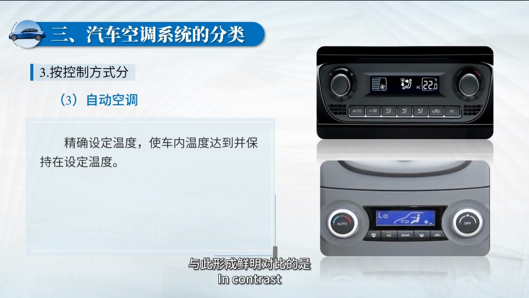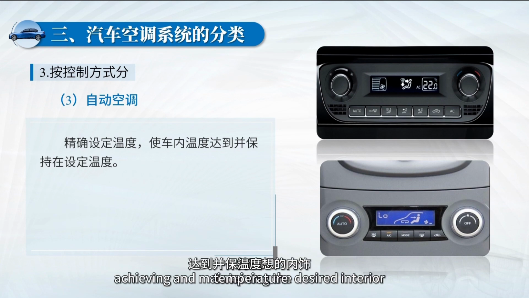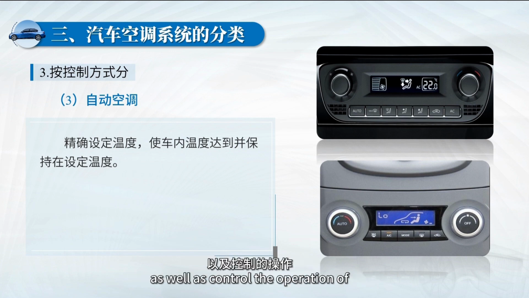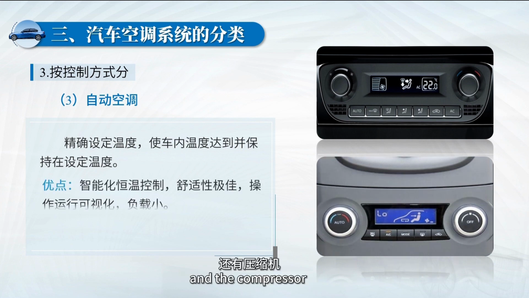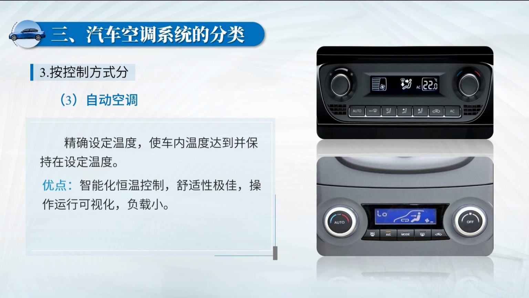In contrast, automatic air conditioning can precisely set the temperature, achieving and maintaining the desired interior temperature. It can also automatically adjust fan speed, as well as control the operation of the fresh air mode motor, air blending mode motor, air delivery mode motor, and the compressor when external environment conditions change.